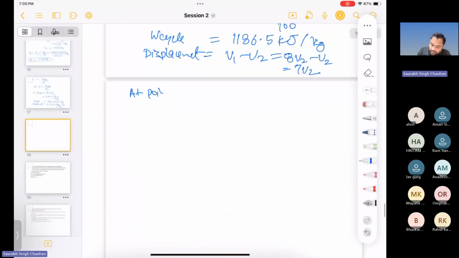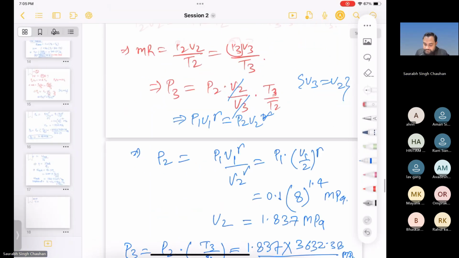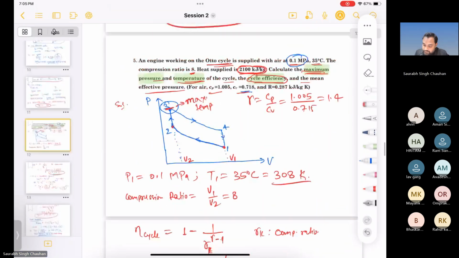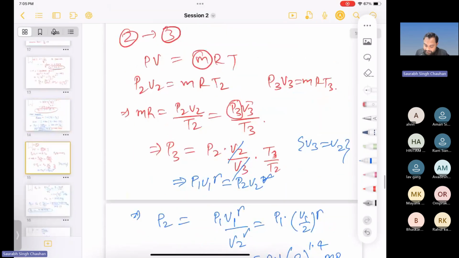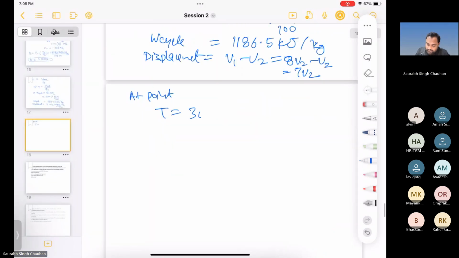At point 1 the temperature was 308 Kelvin. Pressure was 0.1 megapascal, I think, right? Yes, sir. Right. So you can use the ideal gas equation, right?